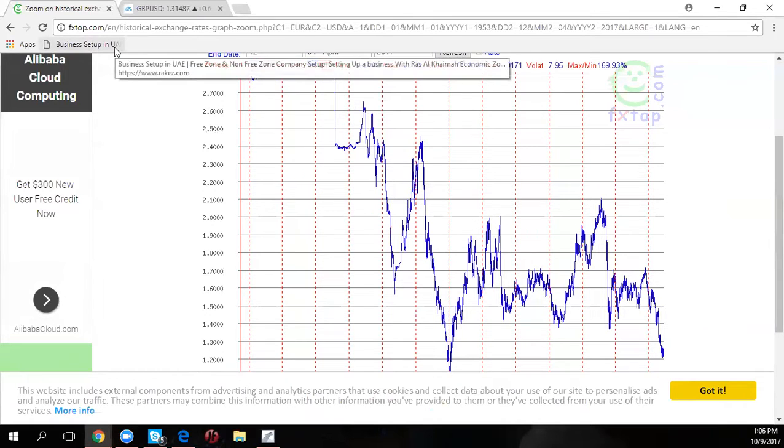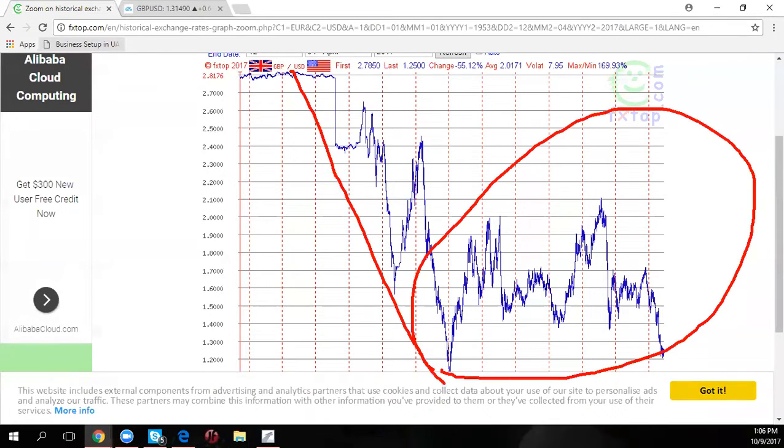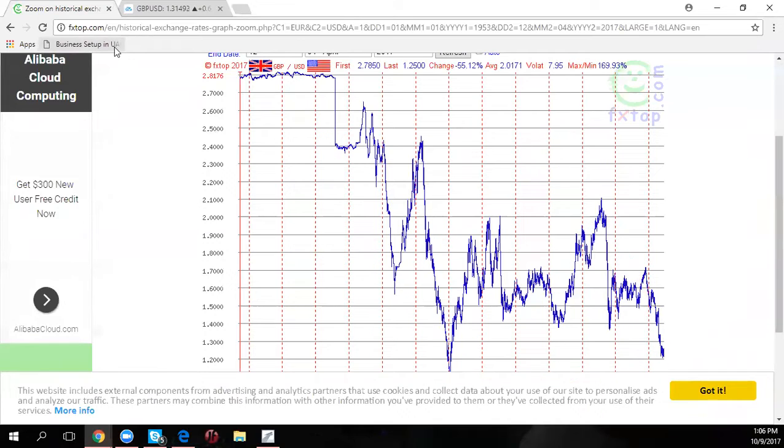We break that up into fractals, into smaller structures, which means we can isolate this part as one of its own. We can isolate this whole piece here as one of its own. And within this, we will have a number of different structures, depending on how it forms, what type of corrective pattern will be in there. We'll isolate it, but then we will put parts together to make a complete pattern.